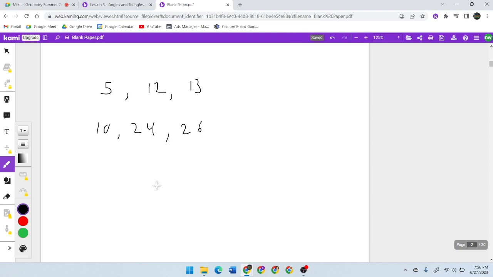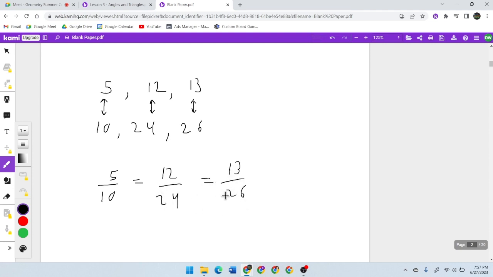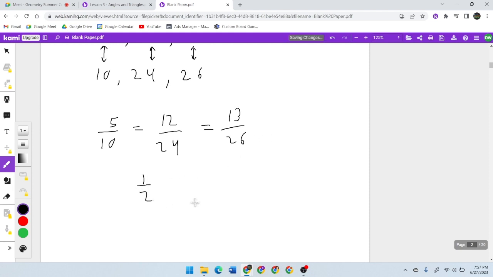What I'm saying is if I make fractions out of the matching side lengths, they're going to be the same fraction. Let me prove it. 5 over 10 equals 12 over 24 equals 13 over 26. All of these fractions are 1/2. And because they're all 1/2, that's another reason why they are similar. It's not the only reason why. It was also because their angles were similar.